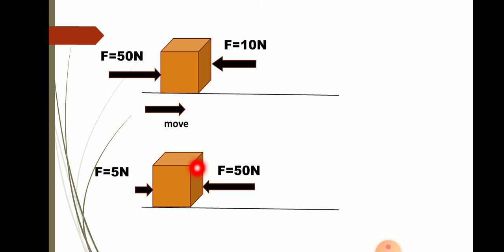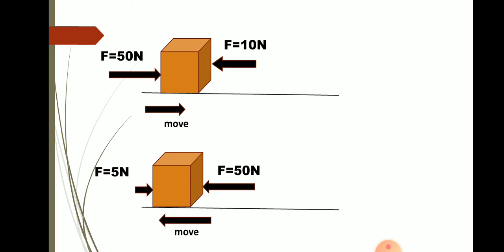The net result of the force on this box is 50 minus 5, that is 45 Newton. So the box moves in this direction with a force of 45 Newton.